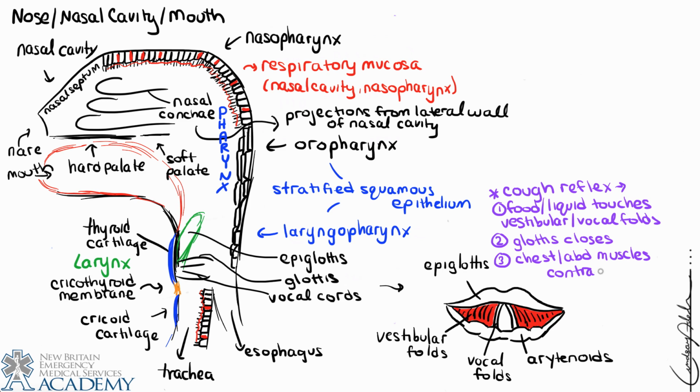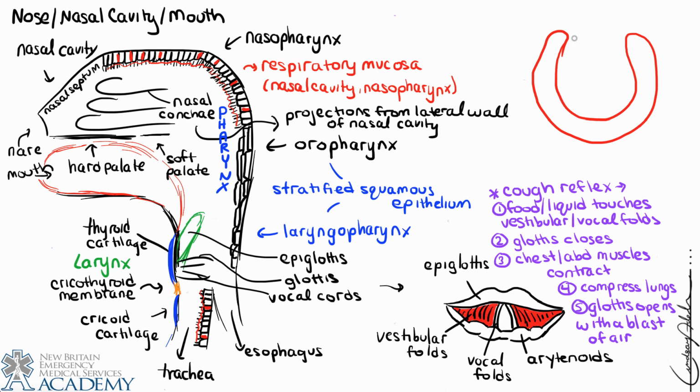And when that pressure rises beyond what the glottic opening is capable of withstanding, then the compression of the lungs will cause the glottis to be forced open, and we get this eruption of air and any materials that might have either hit that surface or maybe even gotten past that surface.